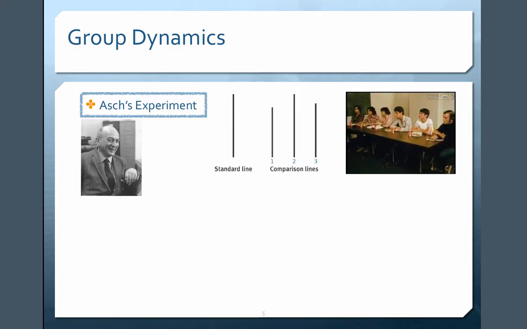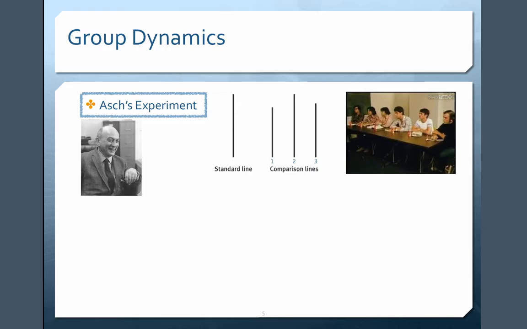But the 6th person, who didn't know that everybody else was in on the experiment, would understand number 2 fit the standard line. And at a very high rate, people would match what the group said, even though they knew they were right. They would give up their rightness to match the group. And that study was quite instrumental in looking at this phenomenon of group conformity.